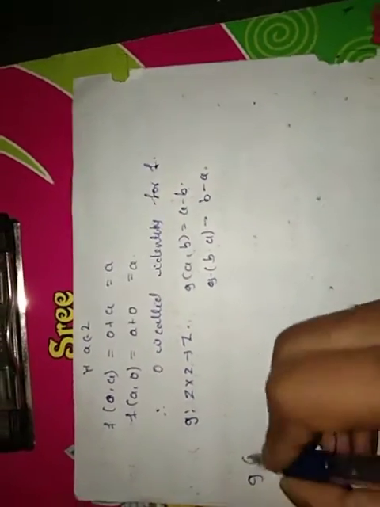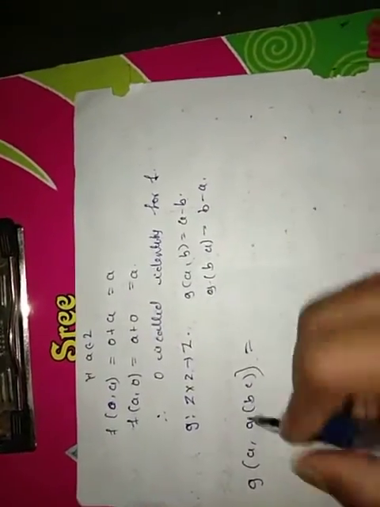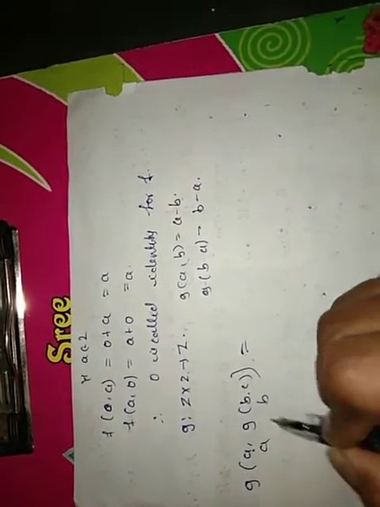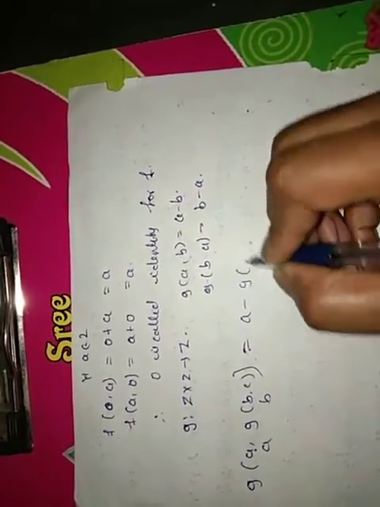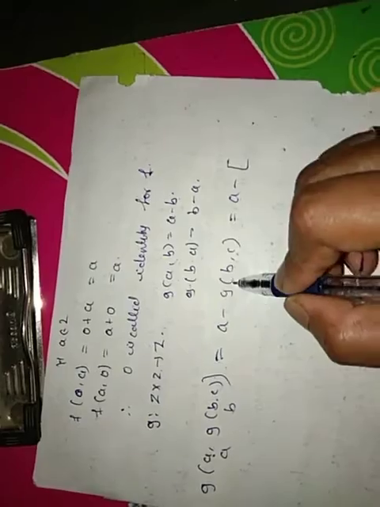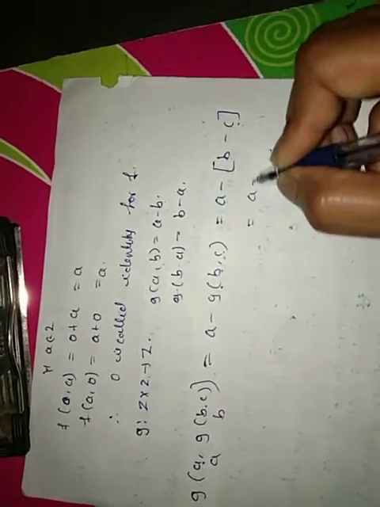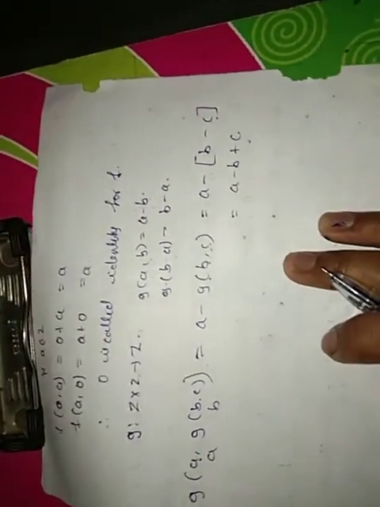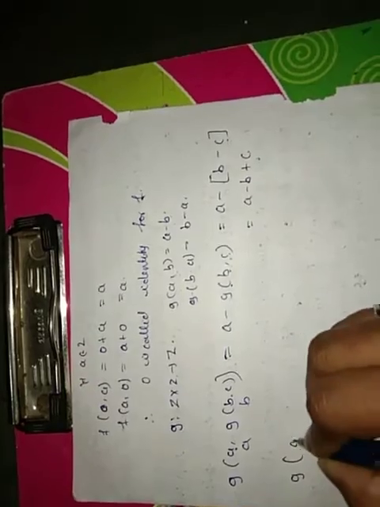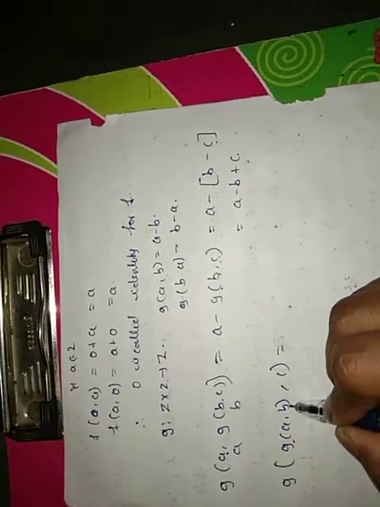Now come to the other one. Check the associative law, that is g(a, g(b, c)).